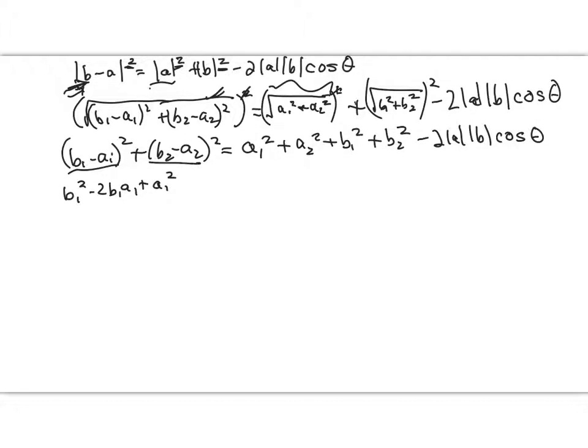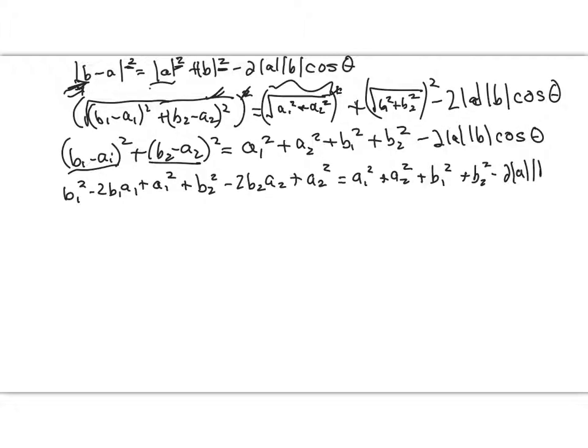And when I expand this term out, I get B2 squared minus 2 B2 A2 plus A2 squared equals A1 squared plus A2 squared plus B1 squared plus B2 squared minus 2 magnitude A magnitude B cosine theta. Whew, I managed to fit all that in one line.